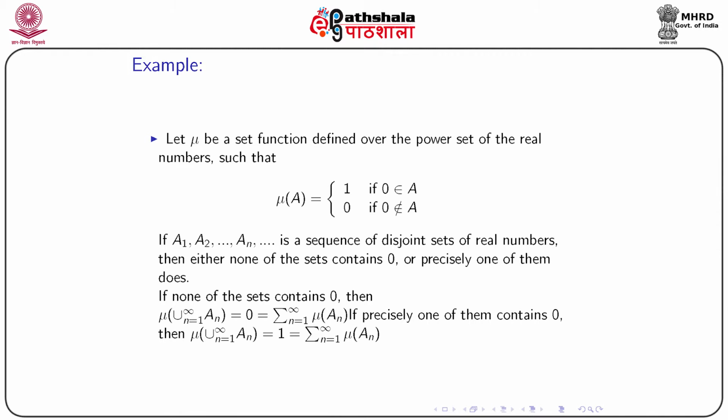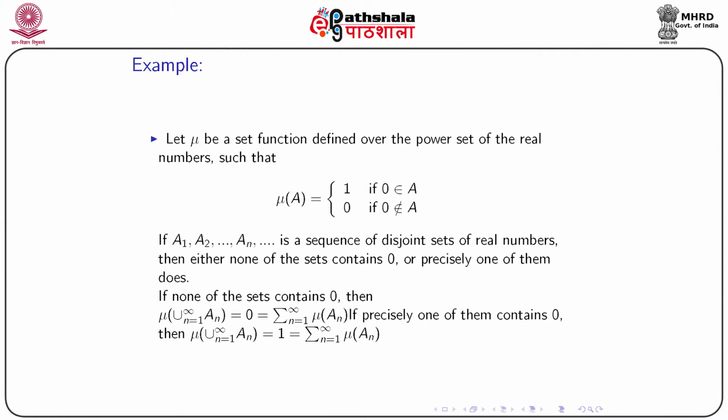So, to the right hand side, if I add all the mu's for i from 1 to infinity, the sum of mu A_i will also be 1, because 0 is contained in only one of these A_i's. Suppose it is in A5, then mu A5 will be 1, rest will be zeros.